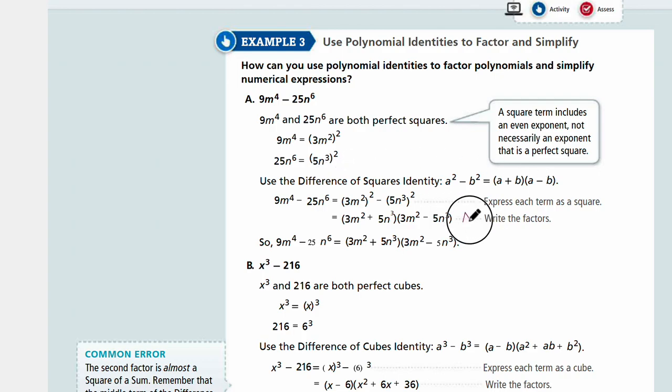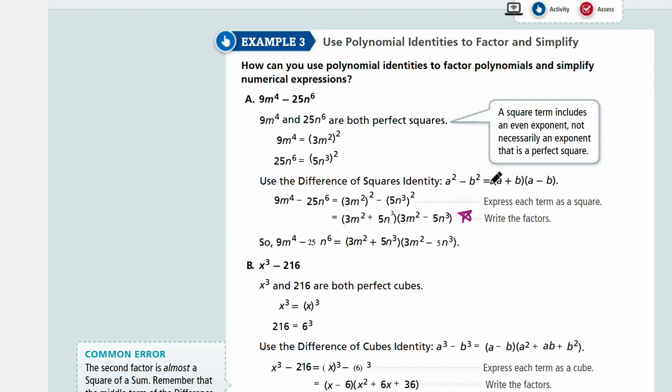Okay, so then you can factor them out like that. So you factored it out already. So that's good. It is a lot more helpful when you're actually factoring them out, instead of multiplying them out. Multiplying may be easier, but factoring may be a little bit more challenging. So you need to be able to identify the polynomial identities, and if you can, use them so that you can factor it out easily.